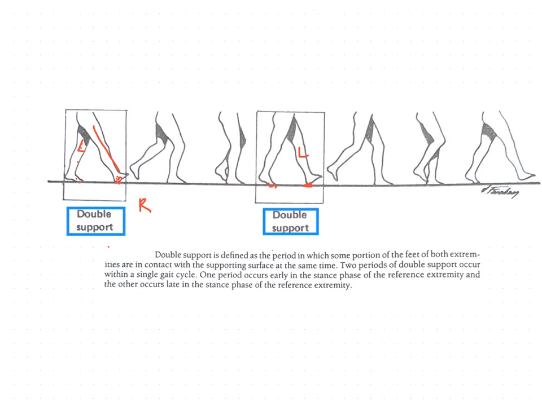Because of this, we get two periods of double support in a single gait cycle. During double support, both lower extremities are in contact with the ground at the same time.